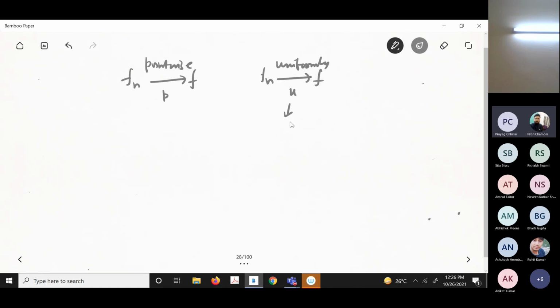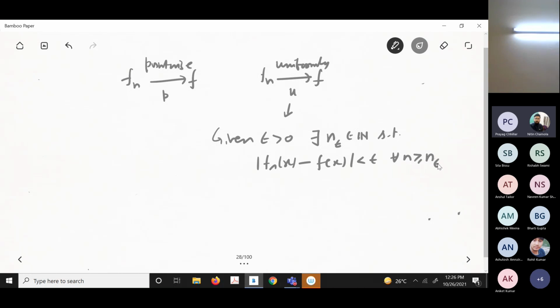Look here, if you have this, that means given epsilon greater than 0, there exists n naught or n_epsilon, you write, belonging to N. Here n_epsilon means it only depends on epsilon, such that |f_n(x) - f(x)| < epsilon for all n greater than or equal to n_epsilon, and for all x belonging to X. Each of them is a function.